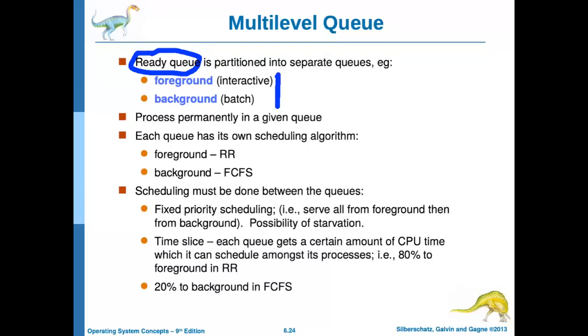For example, if foreground processes are there, then definitely we need better response time, so we'll go with round robin, whereas background processes can be treated on a first come, first served basis. So multi-level queue is not altogether a separate scheduling algorithm. It is like utilizing existing ones for separate classes.